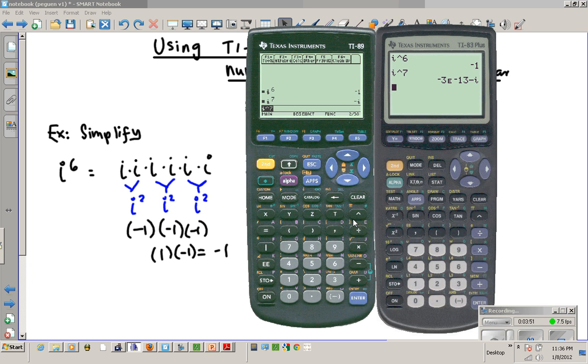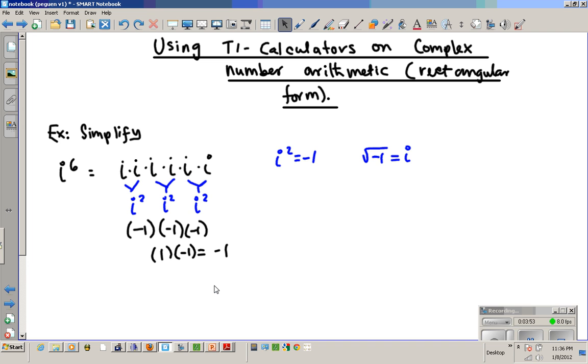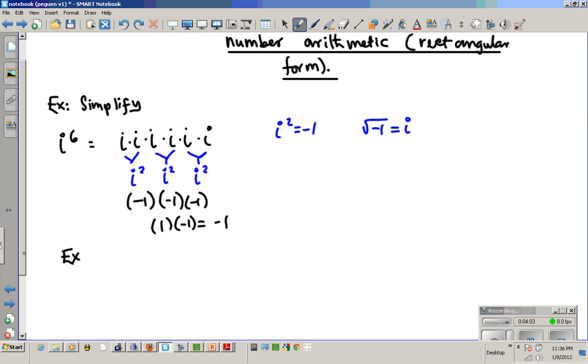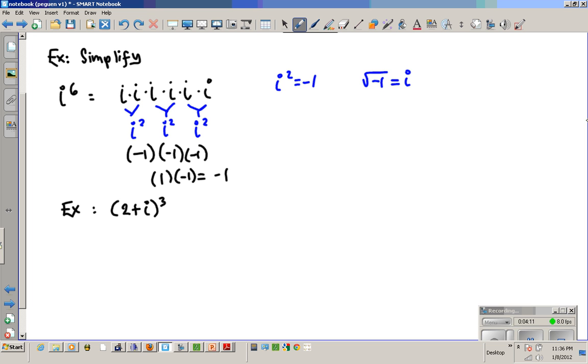Alright? Okay, so what if we have another example like this? If we're asked to do something like (2 plus i) to the third. If I wanted to do this by hand, I'll have to write this as 2 plus i times 2 plus i times 2 plus i.